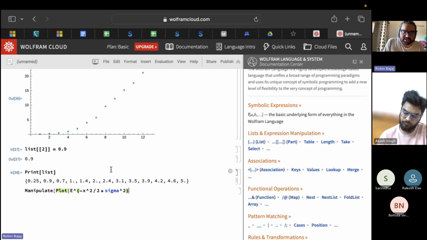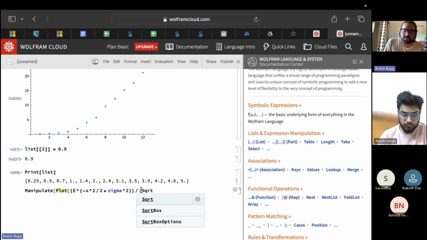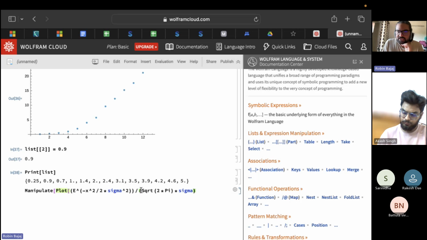Then I put a bracket, otherwise it's okay. Square root, how do you define square root? This thing, 2 into pi into sigma. So you have a function in the form of sigma. Is there some bracket missing? No, it's fine.